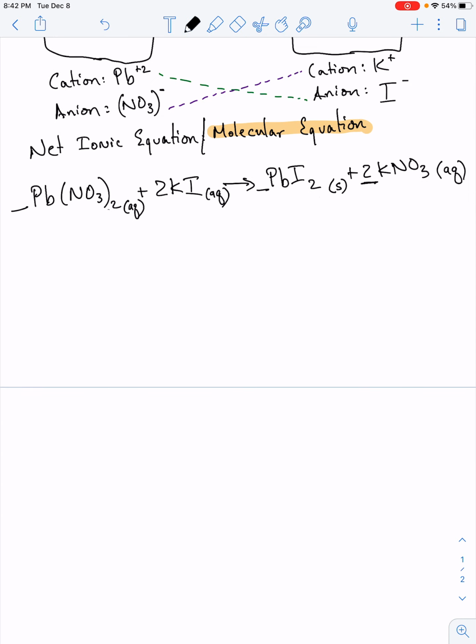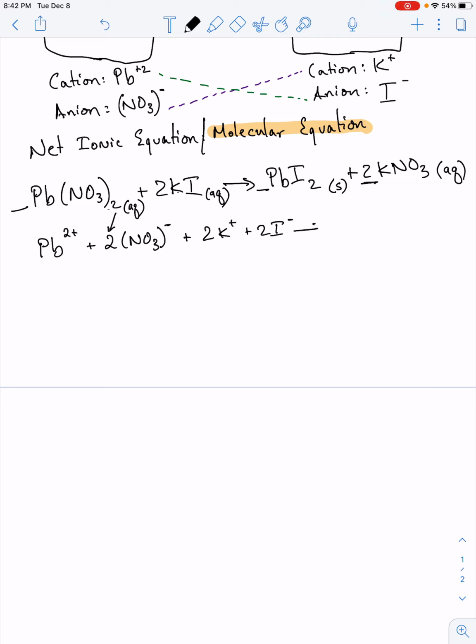And so Pb and NO3 is going to convert to Pb2+ plus I have 2 NO3 minus ions. This 2 comes right over here. Plus, now I have KI, but I have 2 of them, so that's going to give me 2 potassiums plus 2 iodides.